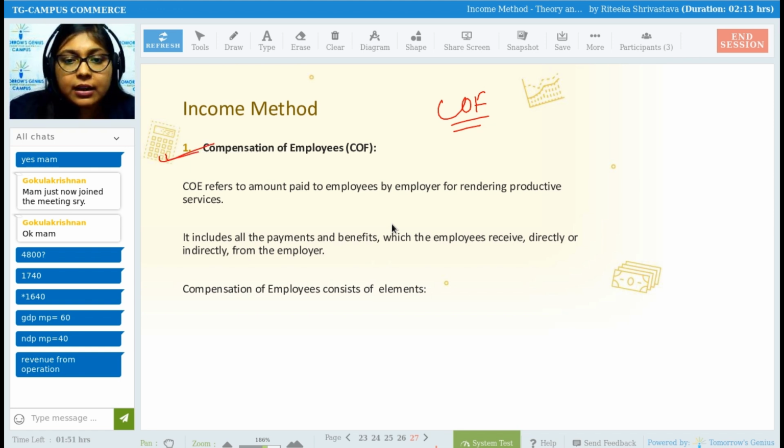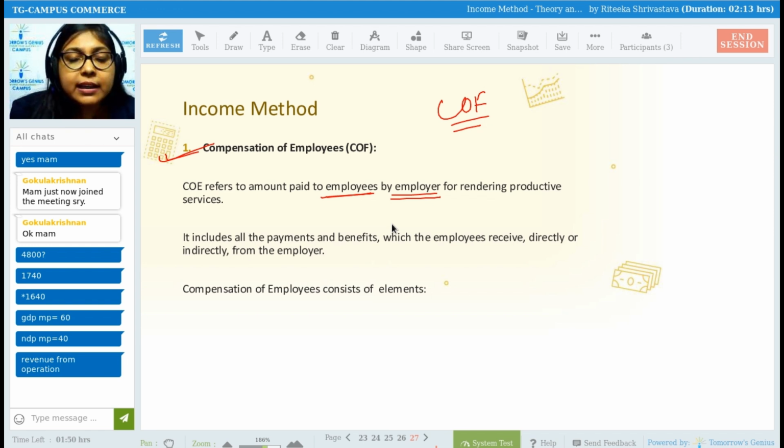Compensation of employees refers to the amount paid to employees by the employer for rendering productive services. If I am the employer, you all are my employees and you are giving me your services in my organization, then in return I am going to pay you some money, that is in the form of salaries, right?